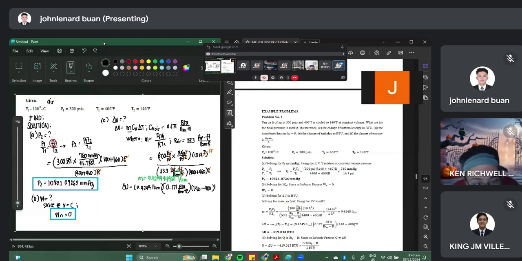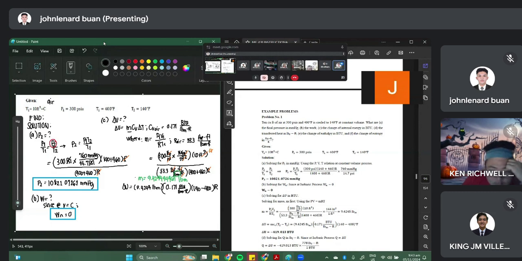Again, since it is a temperature difference, we don't have to convert the degrees Fahrenheit to Rankine, because 1 degree Fahrenheit is equal to 1 Rankine. So multiplying all, 0.171 times 140 minus 400.